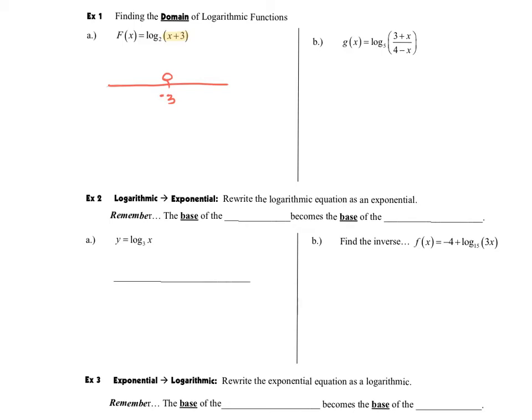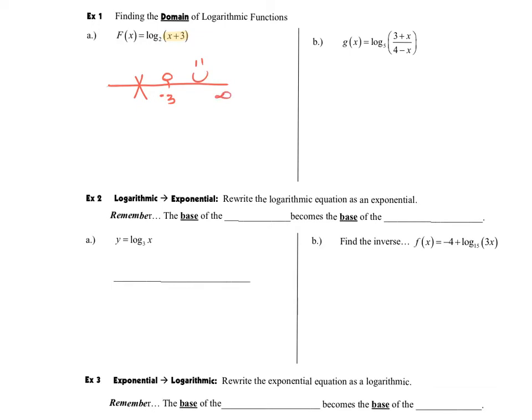And then we just need to test on either side of this, which side will give us positive arguments, which side will give us negative arguments. On the left-hand side in this case, for example, if we did -4, we would get a negative argument, so that whole side gets eliminated. The right-hand side will give us positives. You could test it with a -2 or a 0, but that one's going to work.